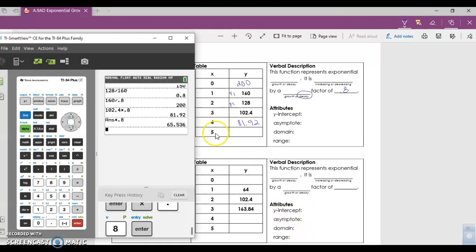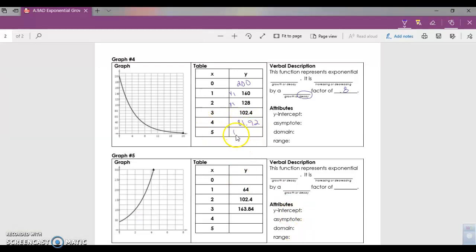Okay, y-intercept was 200. Asymptote still hasn't changed. It's y equals 0.